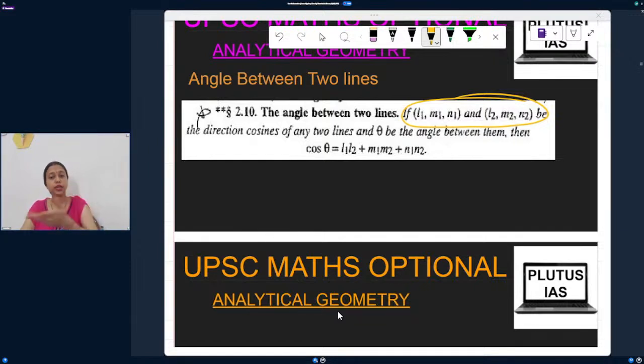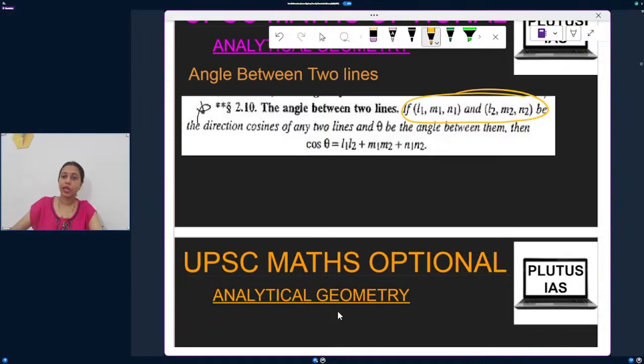Cos of theta is L1 L2 plus M1 M2 plus N1 N2.